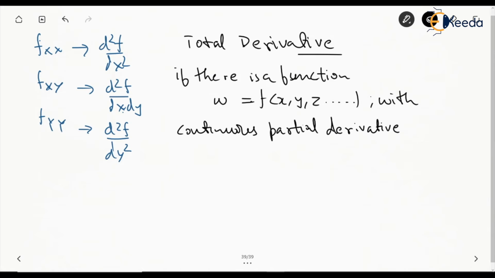That is, let's say dw by dx, dw by dy, dw by dz, and likewise.